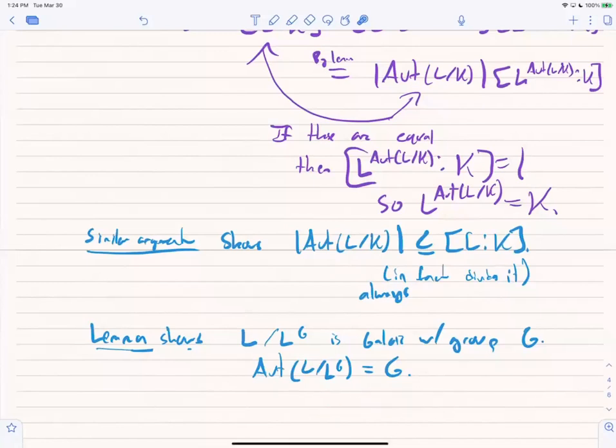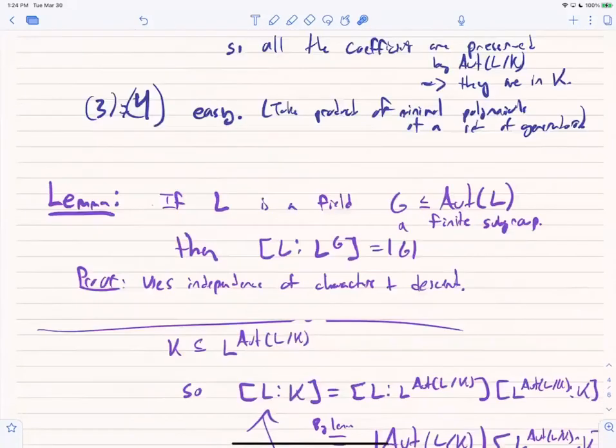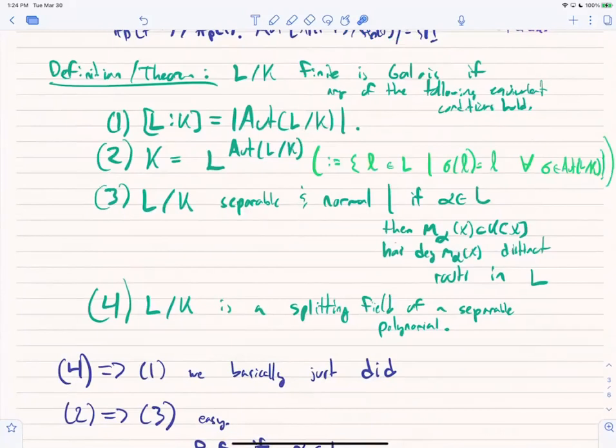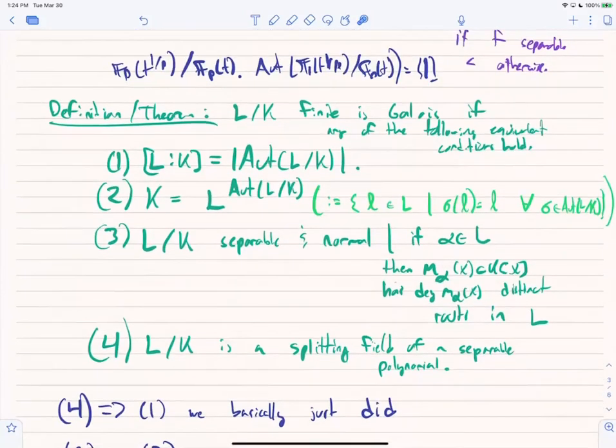So you combine these two things and you get this statement. This is useful in thinking about this first characterization of a Galois group. The issue is not that there could be too many automorphisms. The issue is always that there could be too few automorphisms. So this equality is saying there are as many automorphisms as possible.